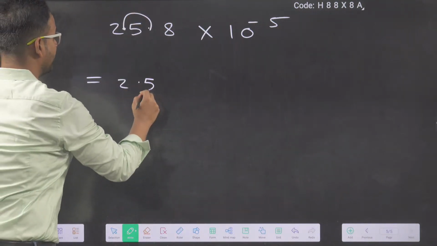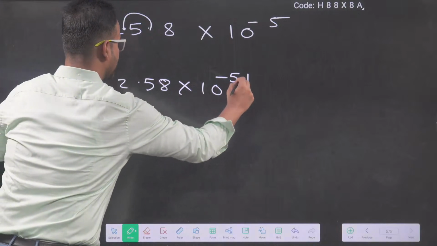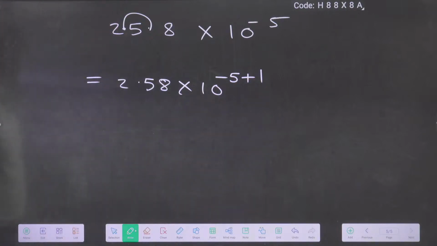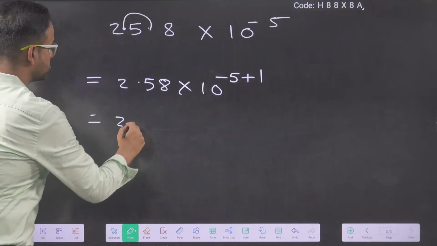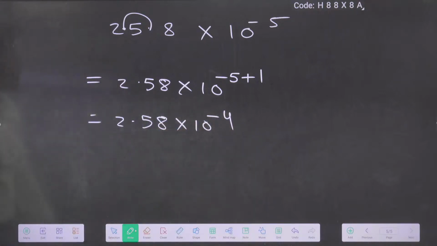So 2.58 into 10 to the power minus 5 is already there, plus 1. Minus 5 plus 1, so 2.58 into 10 to the power minus 4 is your answer. Yes, minus 5 plus 1 is minus 4, bhai, not minus 6.